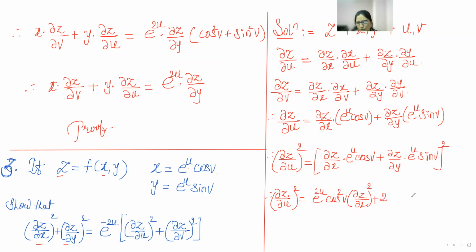So 2 into e raised to 2u cos v sin v into dou z by dou x into dou z by dou y. Or you can write it separately.